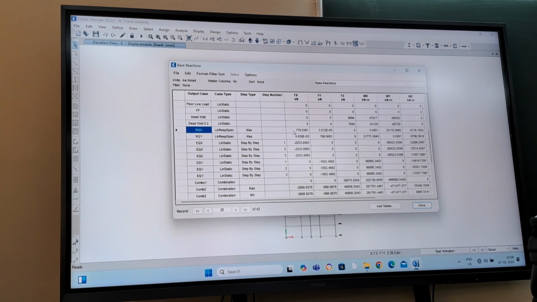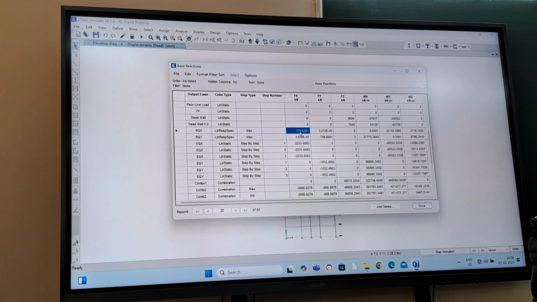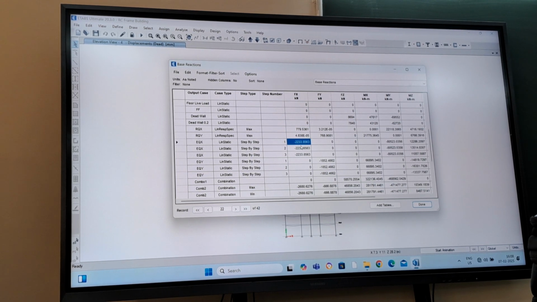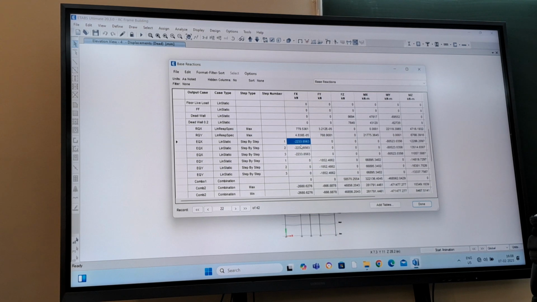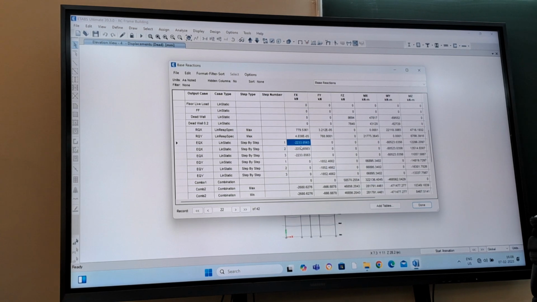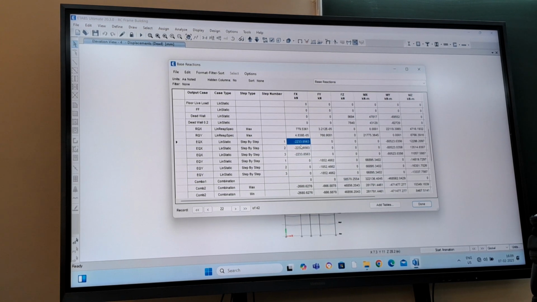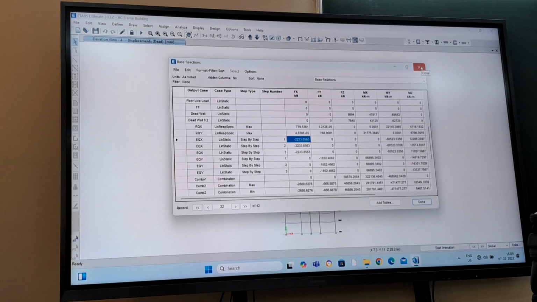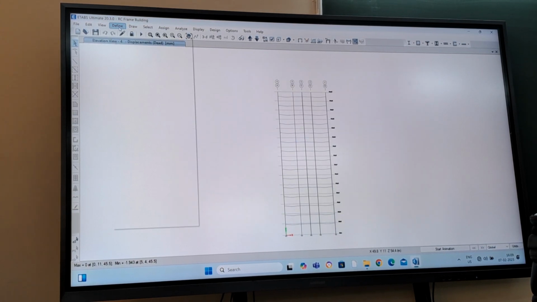Now you can see this is given by the response spectrum load case and this is given by the static. So how much factor are you getting? 2.86.